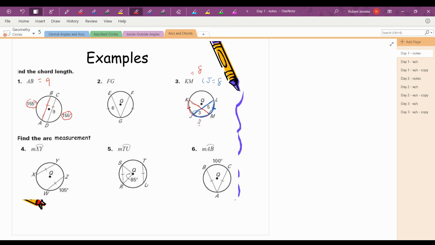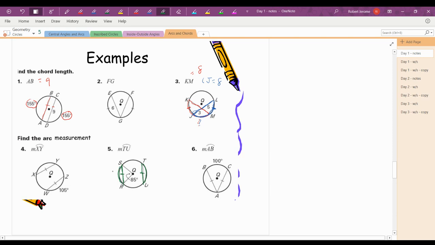In the next few examples, we're going to switch it around a little bit. Now we know about the chords, but we're being asked about the arcs. So let's just pick a few and see how it goes. Let's take a look at number 5. We're looking for the measurement of arc TU. So here's arc TU, and here's its chord. Well, notice that that chord is congruent to this one. So if the chords are congruent, then their arcs are congruent.